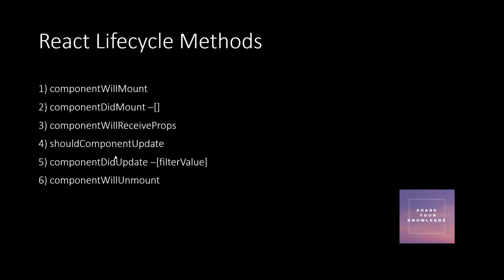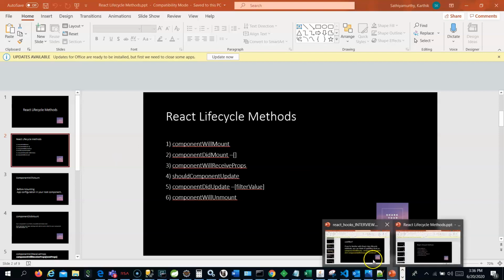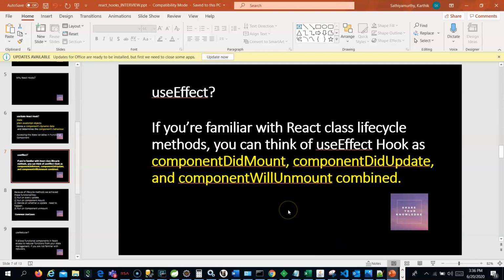So with the introduction of React hooks, they brought out the useEffect React hook, by which these are possible in functional components also. Whatever you were able to achieve using lifecycle methods in a class component could be done using useEffect in functional components as well.